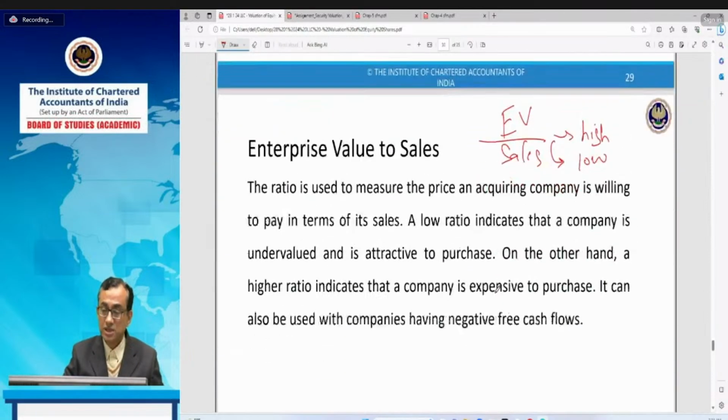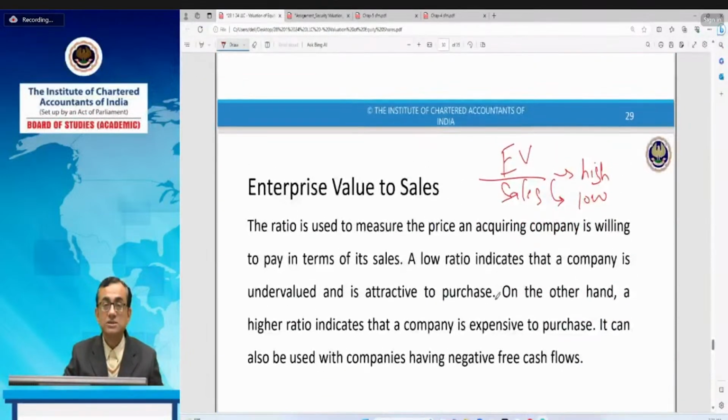Enterprise value to sales is a broader concept. If the proportion of enterprise value to sales is higher, then the company is overvalued and more costly to purchase. And if enterprise value to sales is less, it is cheaper to buy that company.